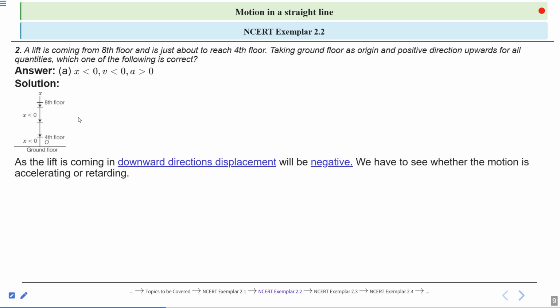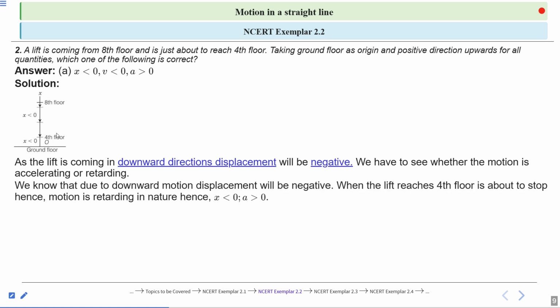Here, the lift is coming from the 8th floor, as shown in the given diagram, to the 4th floor. We have to see whether the motion is accelerating or retarding when the lift comes from the 8th to the 4th floor.